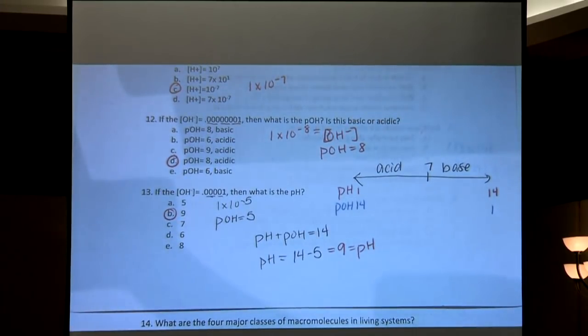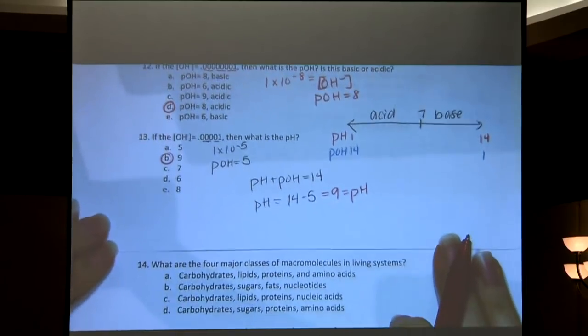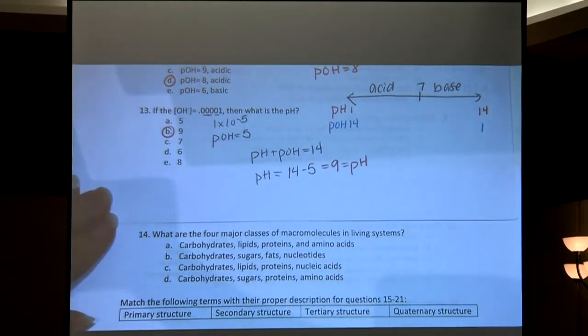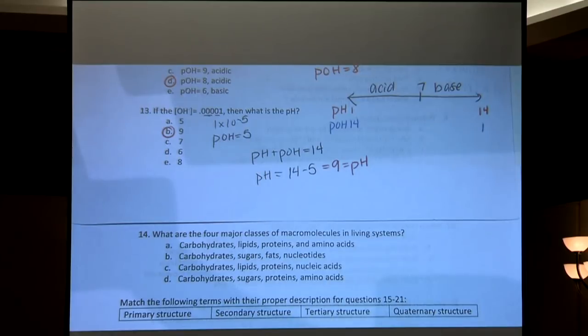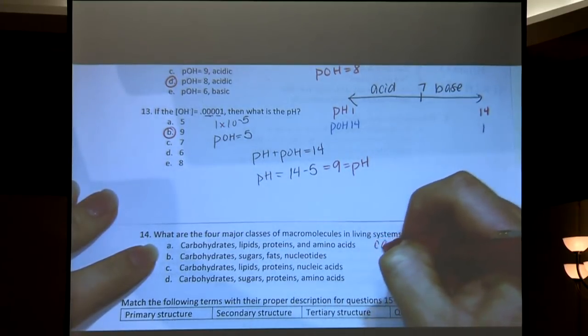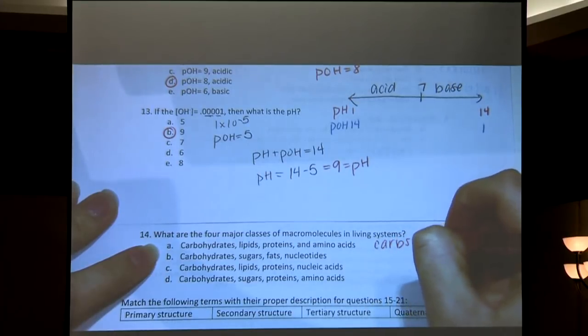All right, so next we have number 14. What are the 4 major classes of macromolecules in living systems? So what do we think? What do we need? All right, so we will need our carbs, these are our sugars.